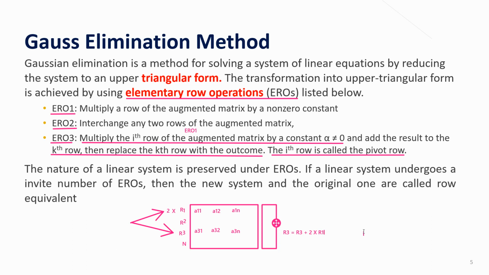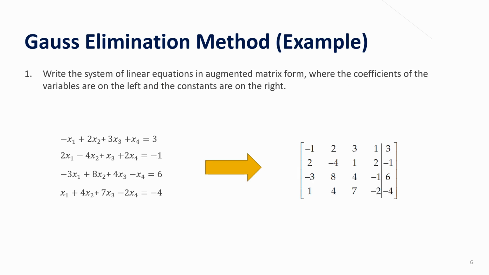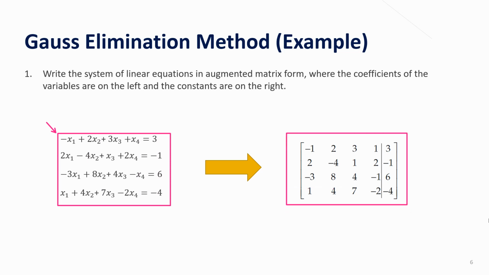To make it easier, maybe we can see an example of these three row equations. Of course, the first step, in order to operate the Gauss elimination method, is that you need to be able to transform this system of linear equations into its augmented matrix.